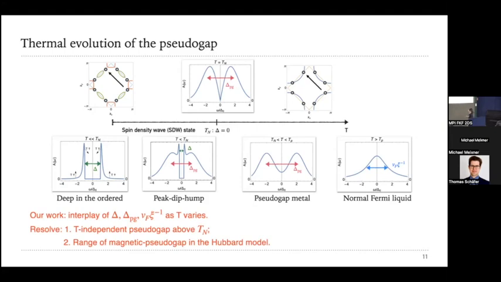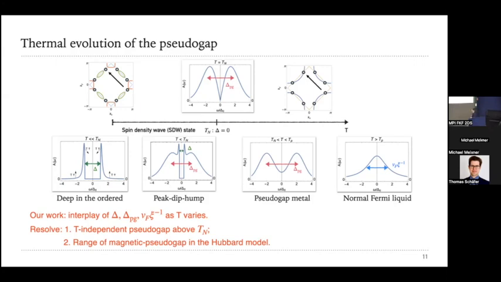So in our work, we want to study the interplay between the SDW order parameter, the pseudogap energy, as well as the characteristic energy for the fermions, which is v_F times the inverse correlation length, as temperature varies. And this can resolve two puzzles.